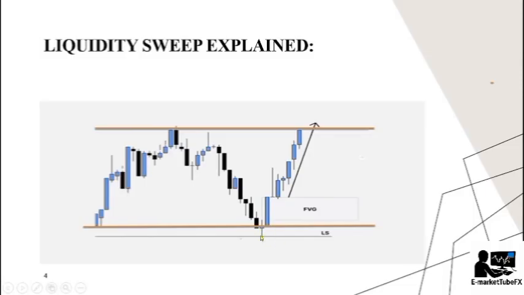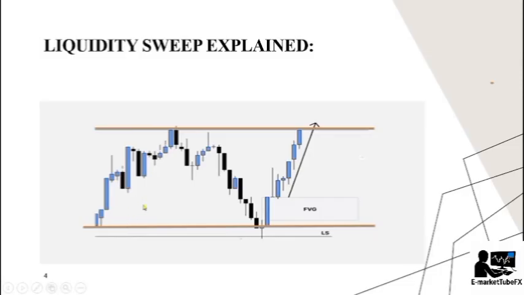So an event like this is what we refer to as what? A liquidity sweep. It's a liquidity sweep in the sense that this area is of great interest to market makers. The reason is that many retail traders have their stop loss here. Those who joined the bullish move up to the top here have their stop loss around these zones. They've placed their stop loss down here.